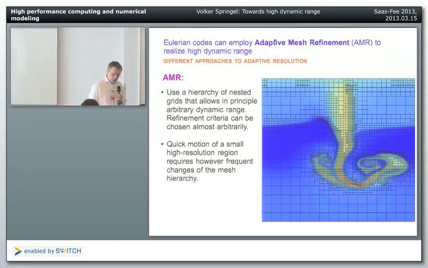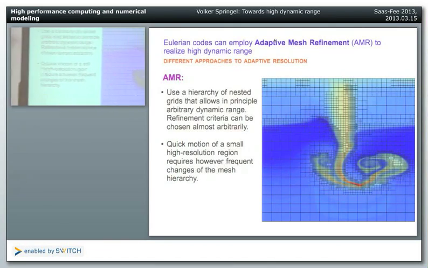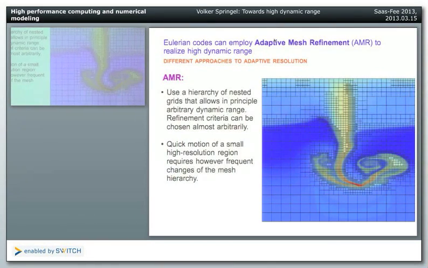What is problematic a bit here is that if you have a quick motion of a well-resolved region, that obviously requires a lot of regridding or new generation of meshes. Essentially, imagine this structure would move here to the lower left corner. Then, in order to not lose the information you have on this high-resolution grid, you somehow would have to ensure that in the path where this is going, the resolution is always increased ahead of the wave, right?